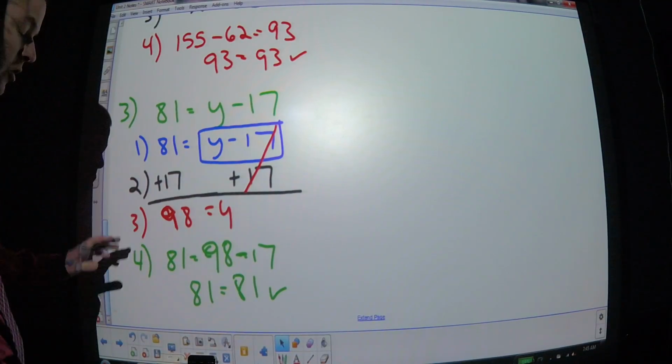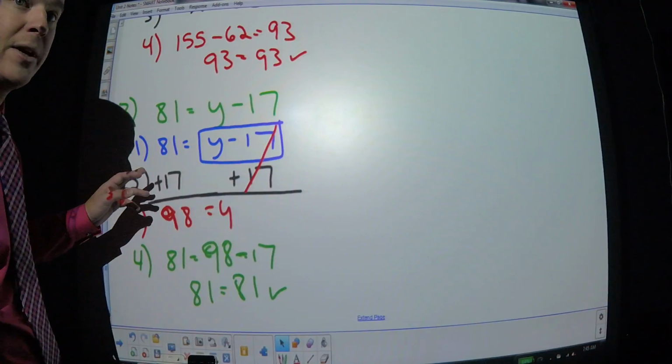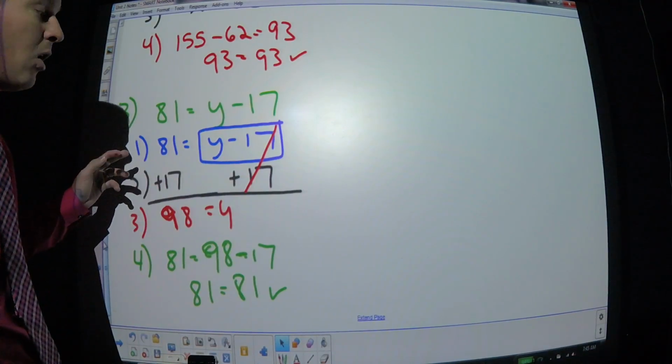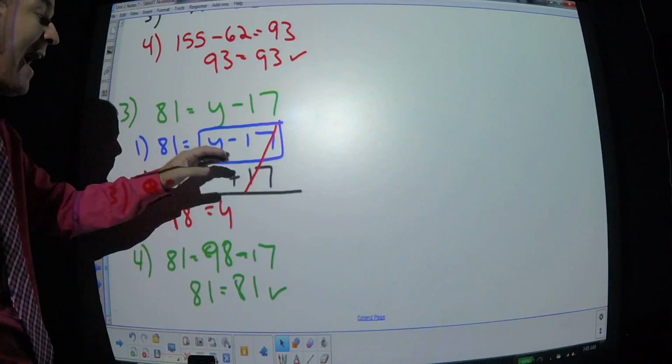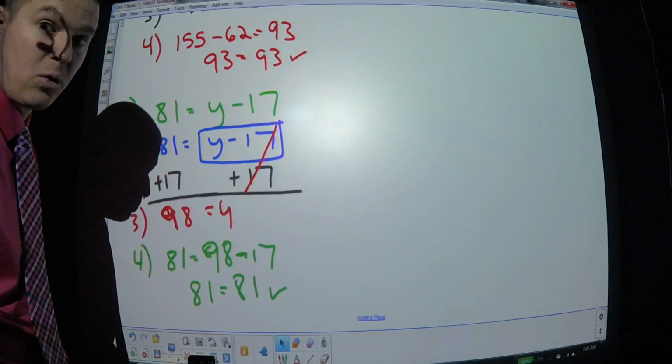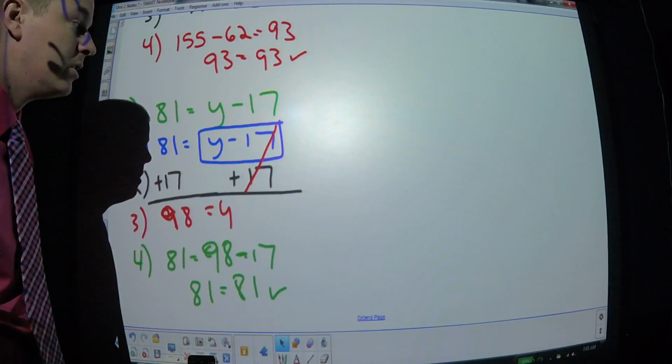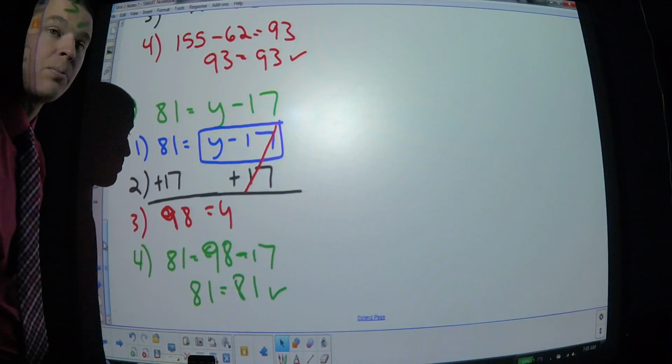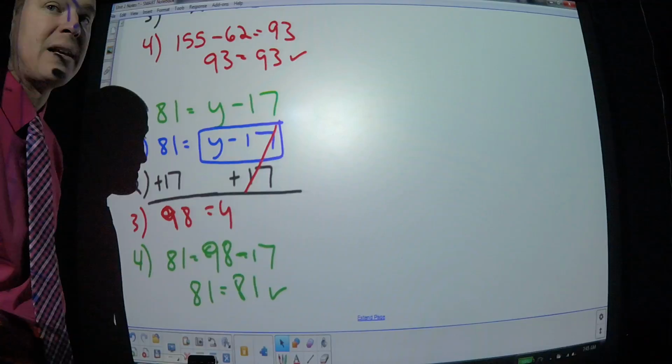So you're going to do this just like your previous section, only you're going to be adding the integer to both sides because these are subtraction equations. Make sure that on all of your problems you are adding to both sides.